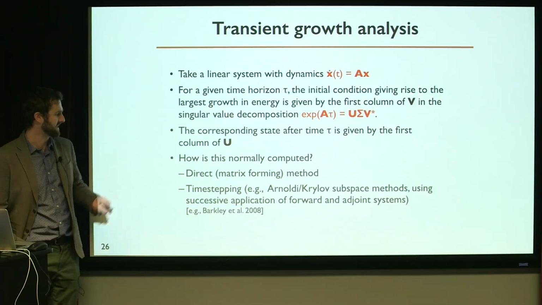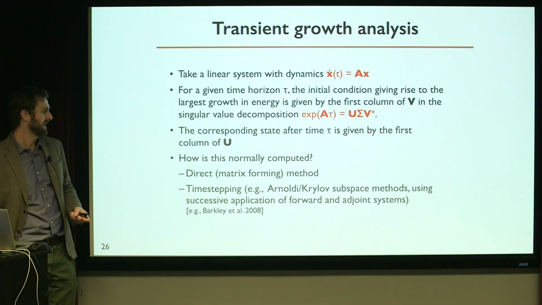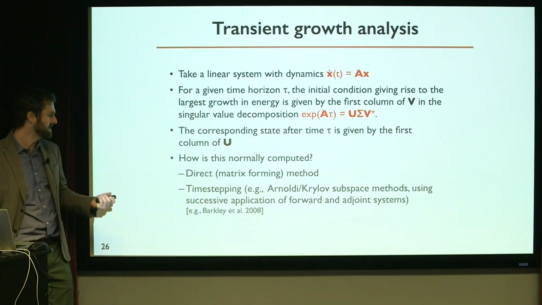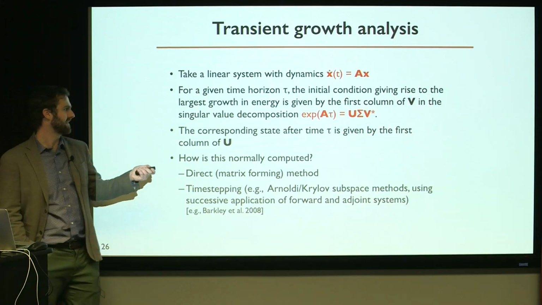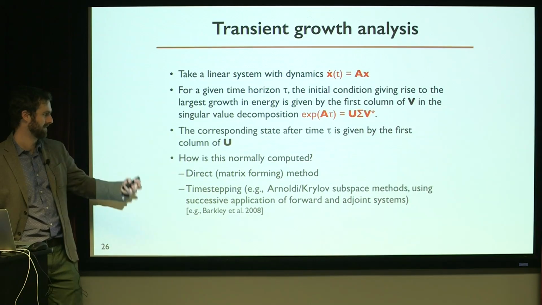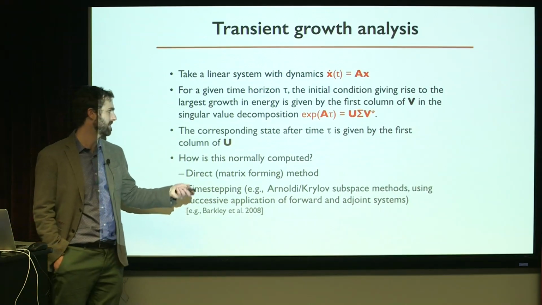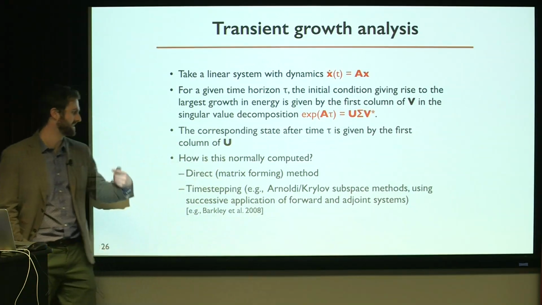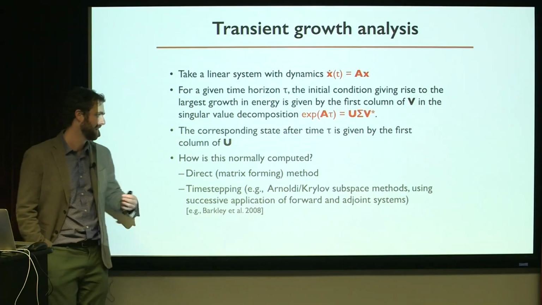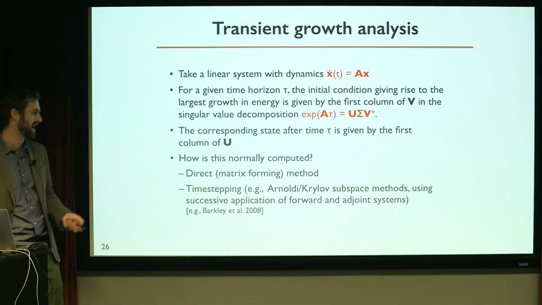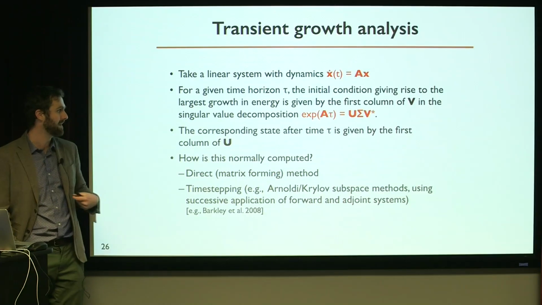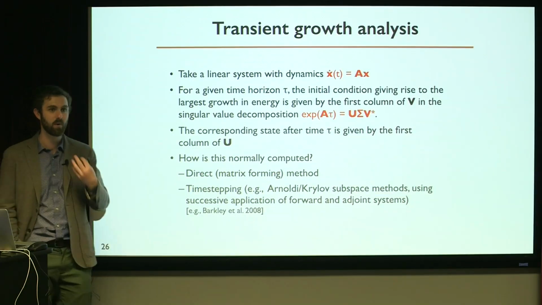So in order to perform this analysis, we can do it directly if we can form and decompose our matrix. But oftentimes, we have to get at the answer a more indirect way, by taking some numerical code that we have and stepping the system and the adjoint system forward and backward in time in order to converge to our answer, which is something that we can do but can be computationally quite prohibitive.